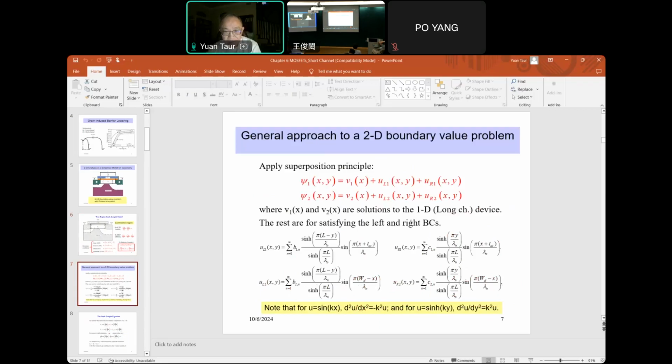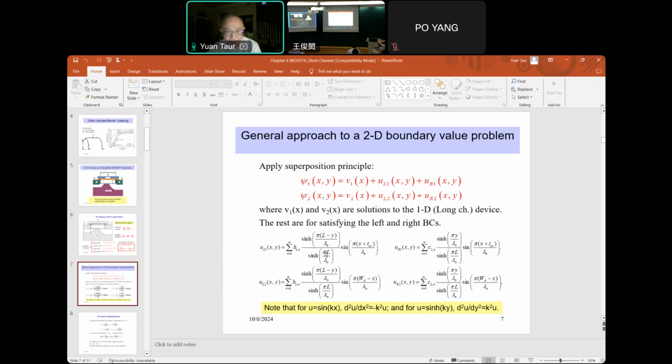So this means that these four functions will not disturb the x direction boundary conditions at the top and the bottom. It's no effect. All we have to do is focus on the left and right, source and drain boundary conditions.